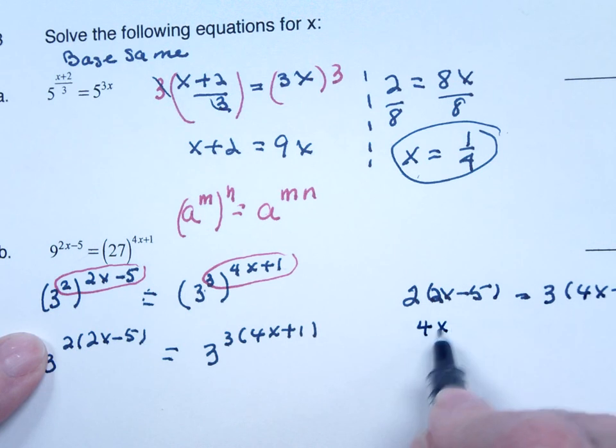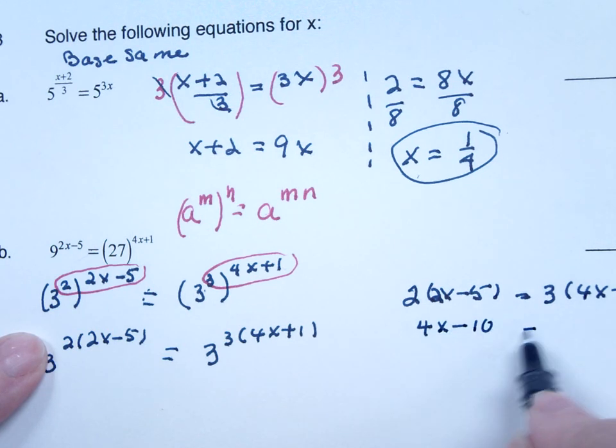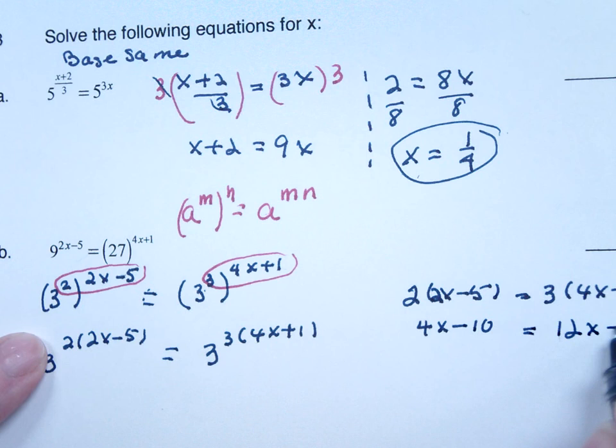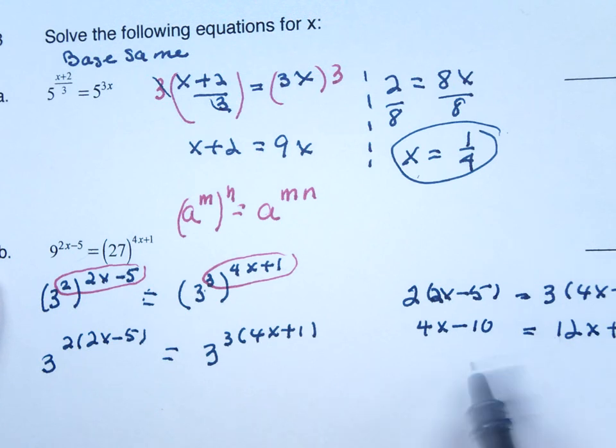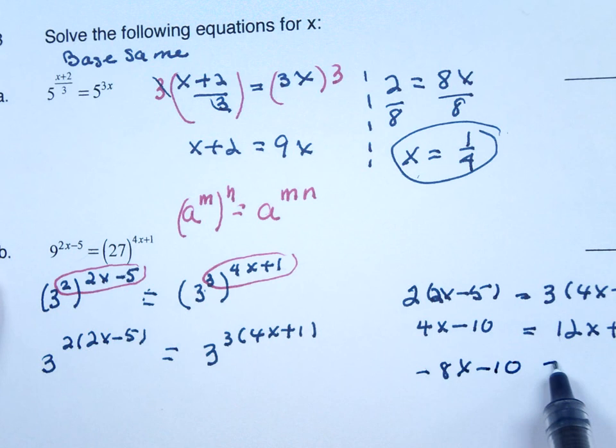So 4x minus 10 equals 12x plus 3. And so subtract 12x from both sides, I get negative 8x minus 10 equals 3.